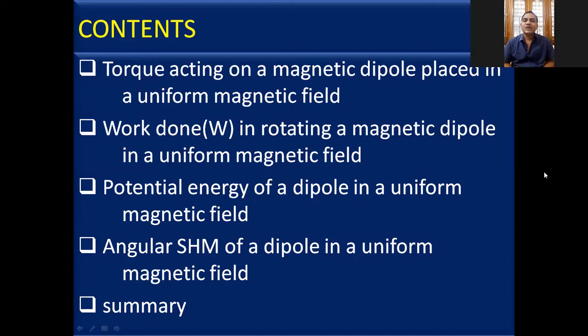After that, the work done in rotating a magnetic dipole in a uniform magnetic field and the potential energy of a dipole in a uniform magnetic field. Lastly, we will see the concept of angular simple harmonic motion of a dipole in a uniform magnetic field.